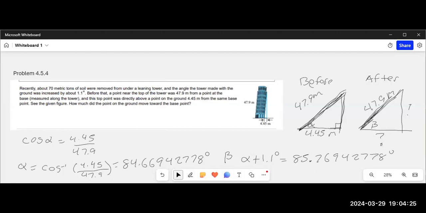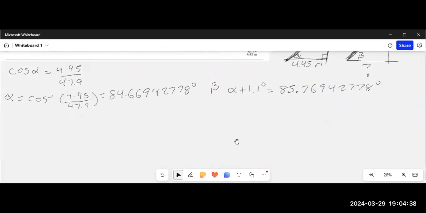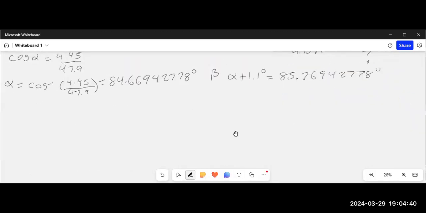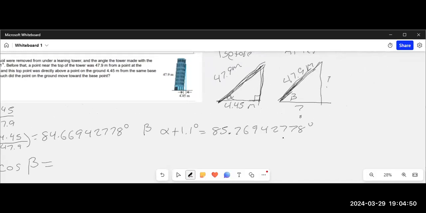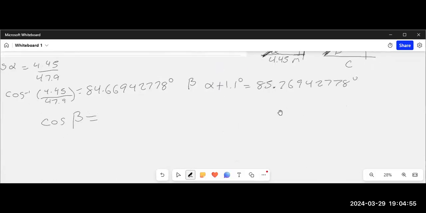To find the adjacent side here, we're going to use the cosine function and say that cosine of beta is going to be equal to, let's call this side here C, over 47.9.